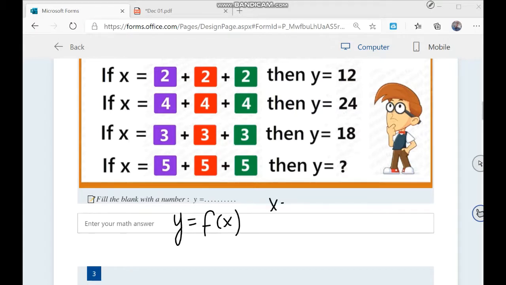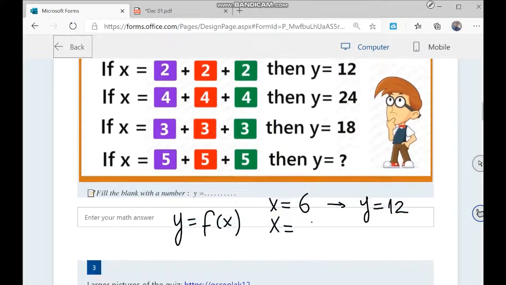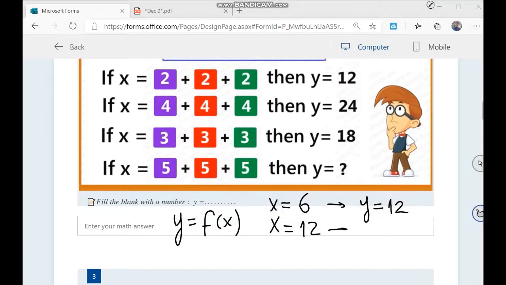If x equals 2 plus 2 plus 2 is 6, then y equals 12. If x equals 4 plus 4 plus 4 is 12, then y equals 24. If x equals 3 plus 3 plus 3 is 9, y equals what? 18.